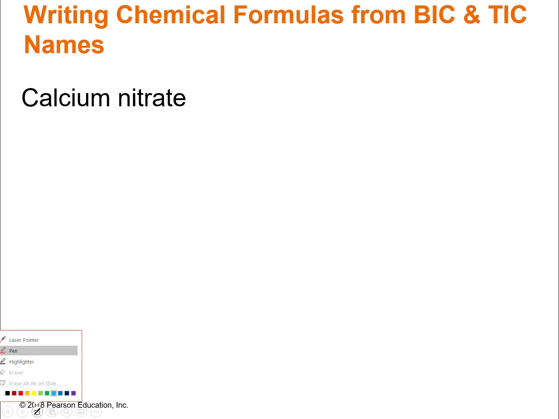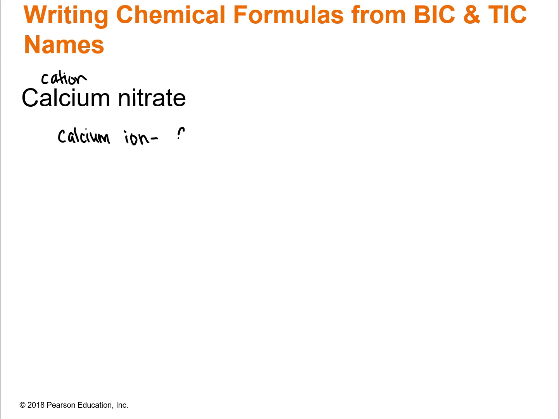One more example. And we're still in binary ionic compounds. Let's deal with our cation. It's calcium. We've seen this before. So we know already it's 2+. The nitrate ion, that's our anion.